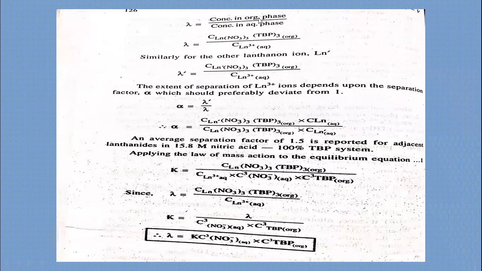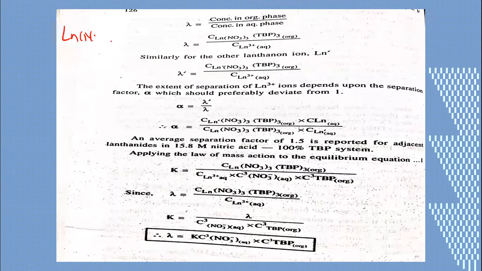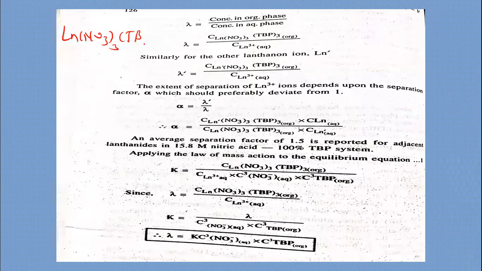So let us see here. Lambda is equal to the concentration of lanthanide ion in the organic phase divided by the concentration of lanthanide ion in the aqueous phase. So lambda is equal to, in the organic phase, the complex formed here. This is the complex which is formed in the organic phase.